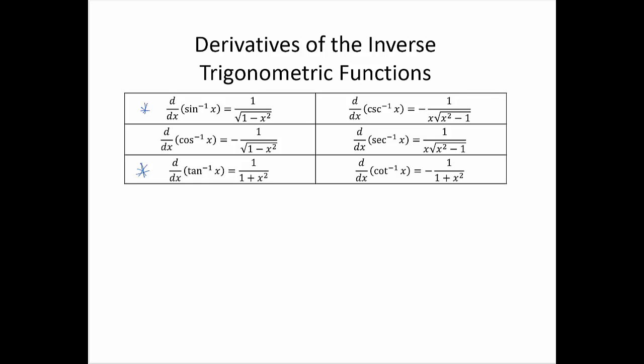The derivative of the cotangent inverse is negative 1 over 1 plus x squared. So notice how those are related to the ones we did. And the cosecant and the secant inverse functions are also, I hope you can see, related. So it might be good practice to try and come up with those derivative formulas on your own.